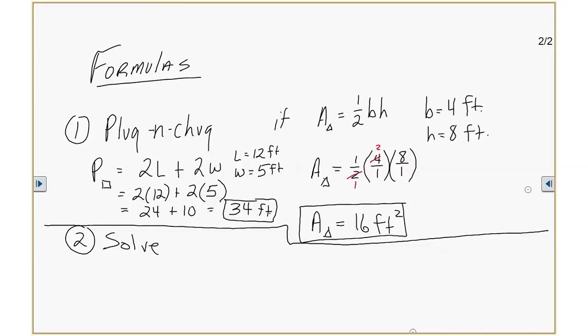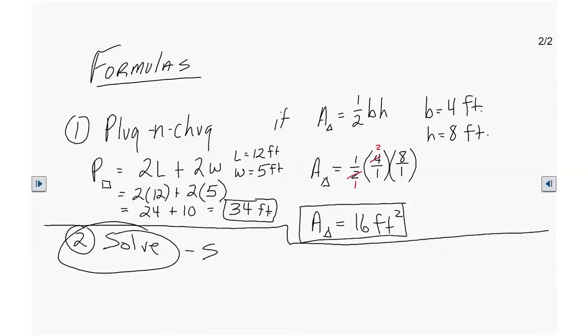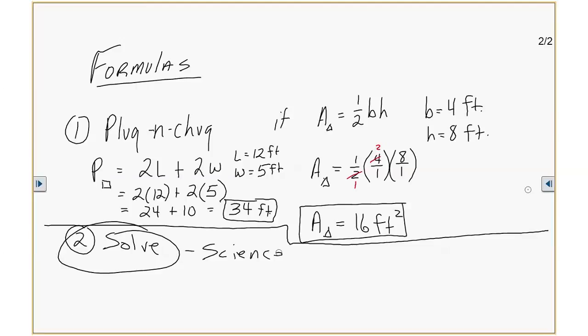Now, the second part of 6.2, the solving formulas, is what you're going to see in science. Whether you've taken a science with your degree or whether you're going to quit and come back 3 years from now and change majors, or whether you're going to get your degree now, then go work and quit and come back and take more science. If you take a science, you're going to have to learn to solve for variables. What do you mean solve?